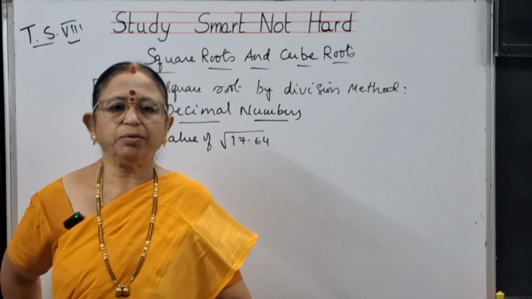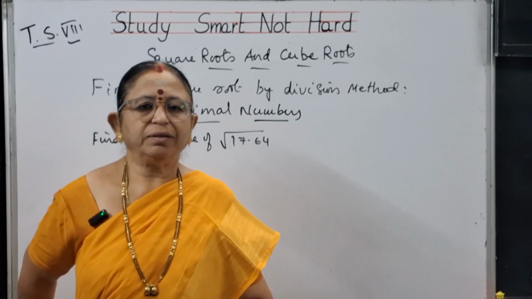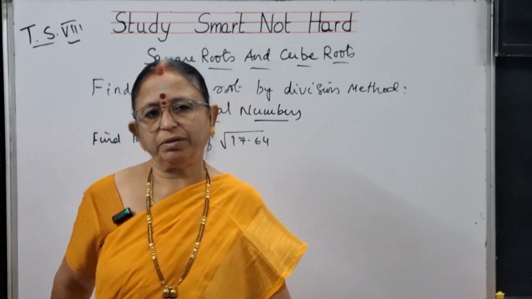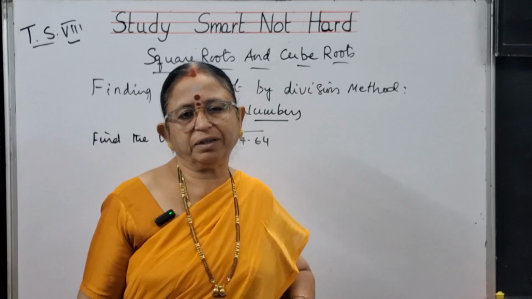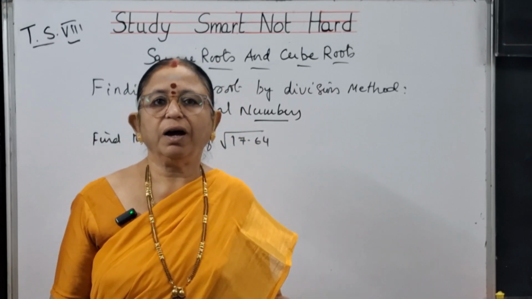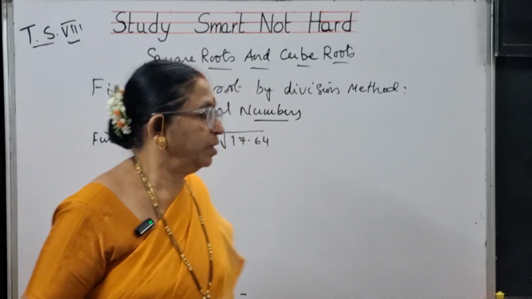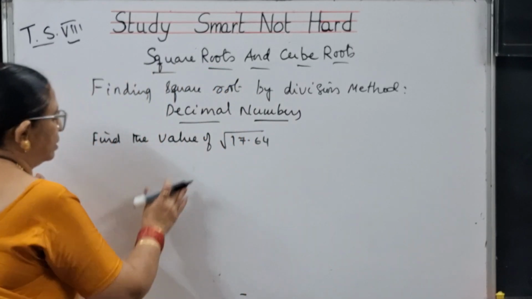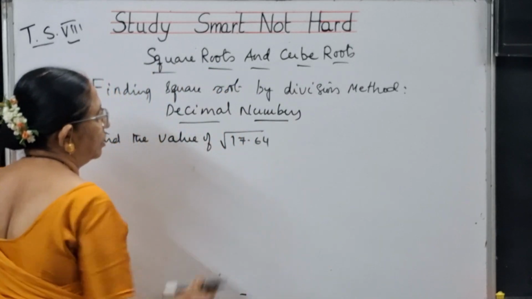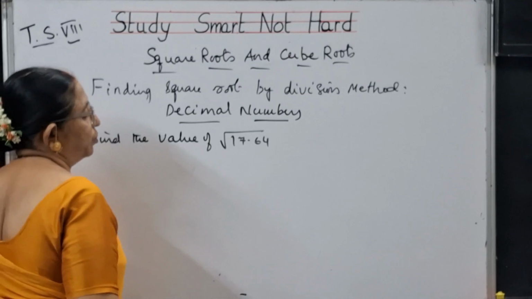Now, children, till now we have determined the square root of normal numbers. Now, the next part that is given in your textbook is how to find the square root of decimal numbers. So, let us see. The first one that is given to you is root 17.64.